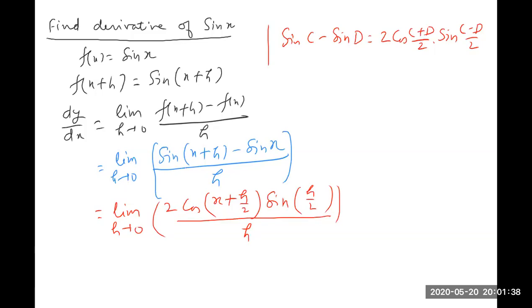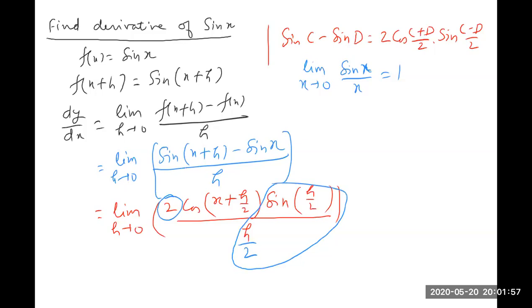Now here one more formula is there that I'm writing here: limit x tends to 0, sin x upon x is equal to 1. This you have also studied in 11th class. So what we will do now, I will transfer this 2 here. So this is sin theta upon theta, which will be 1.